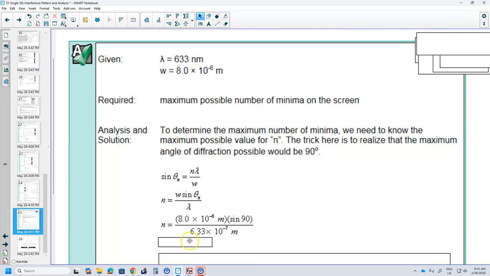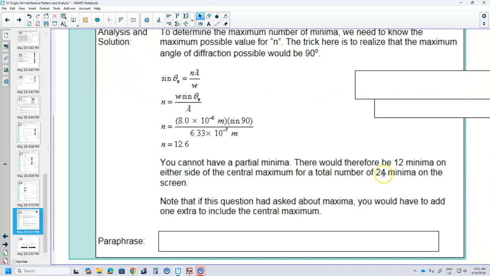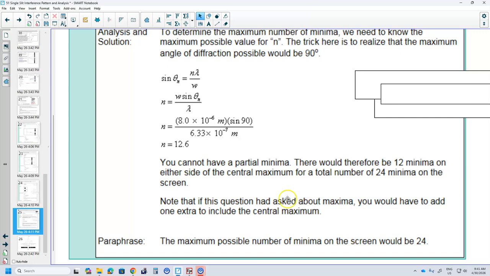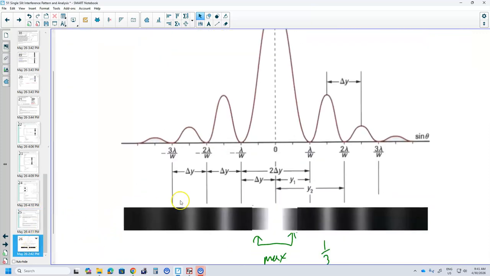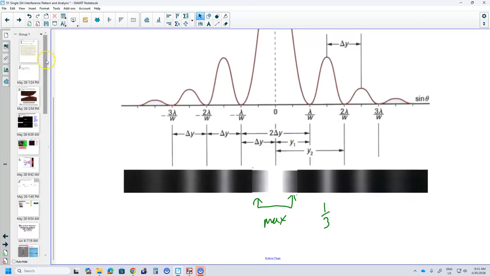Put in the 90 and so on. You're not really going to see that one at 90 degrees, though. That's why I don't like it. It's shining off at such a large angle. But I decided to leave it in the lesson. And yeah, there's that maximum there. You get a delta y off each side, right? So that's why we did the 2 delta y, if you're confused by that.